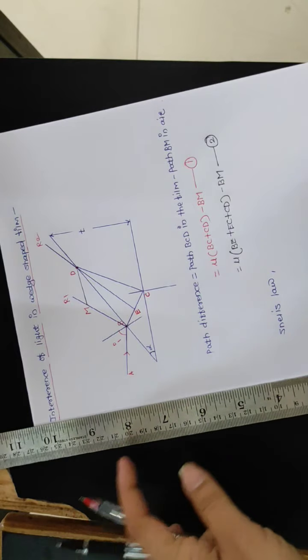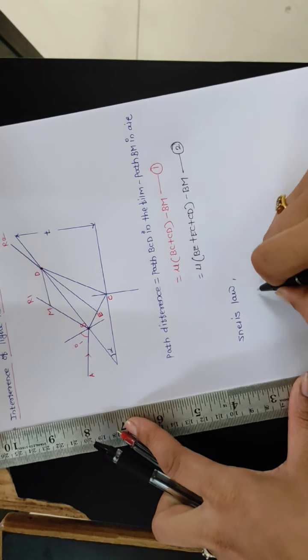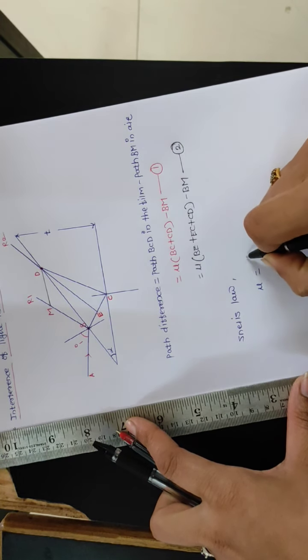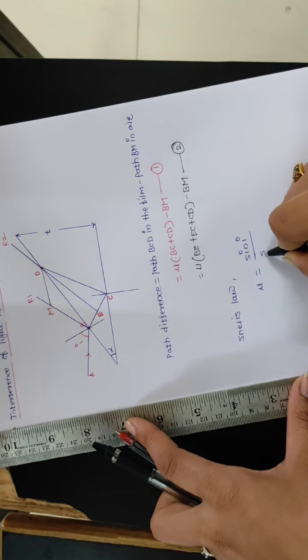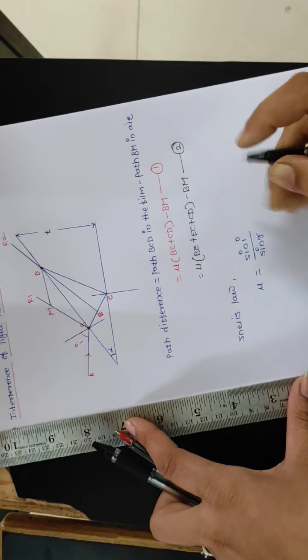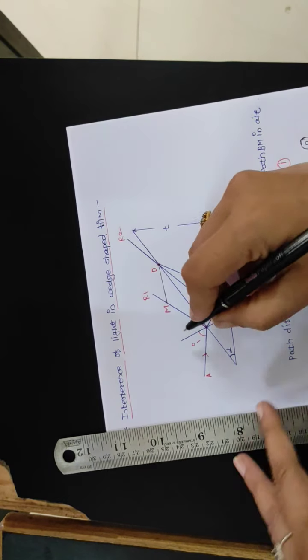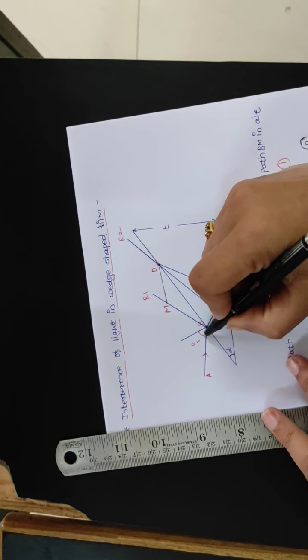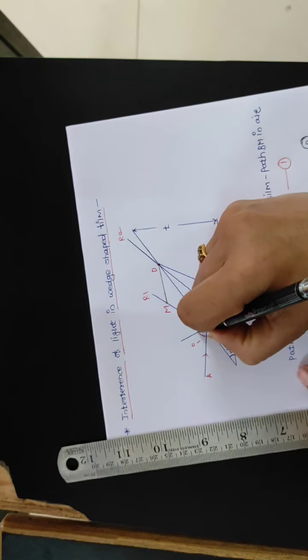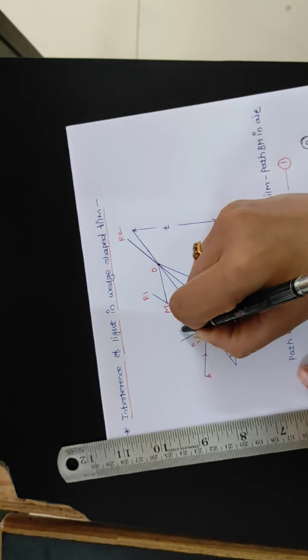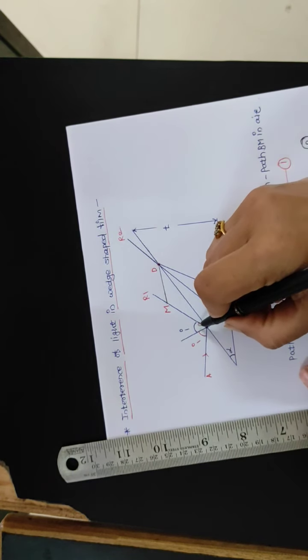Now after that, we know Snell's law. According to Snell's law, we can write mu is equal to sin i divided by sin r. If this is the angle of incidence i, then this angle is also i according to the law of reflection.